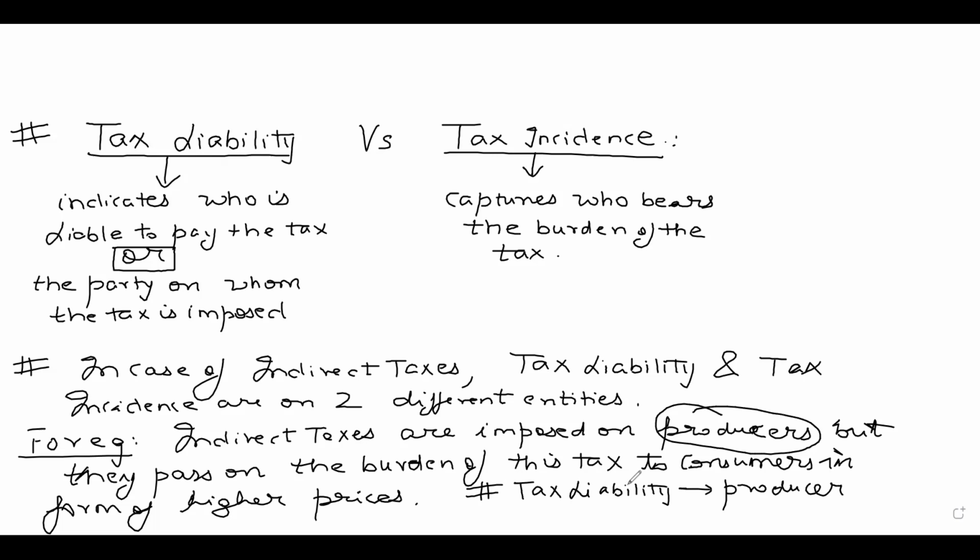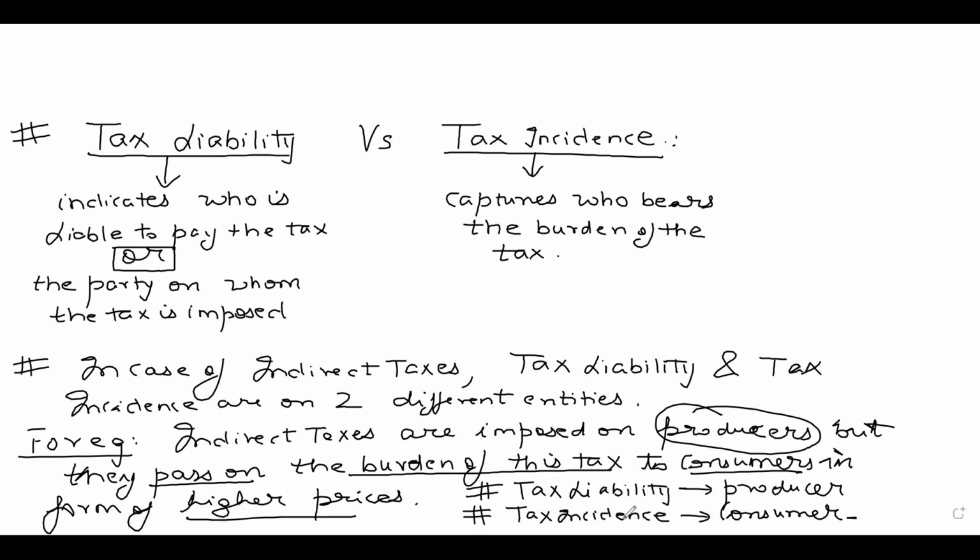But the producer is passing on the burden of this tax to whom? To the consumers, because eventually who has to pay higher prices? The higher prices have to be paid by the consumer. So we can say that the tax incidence is on the consumer.